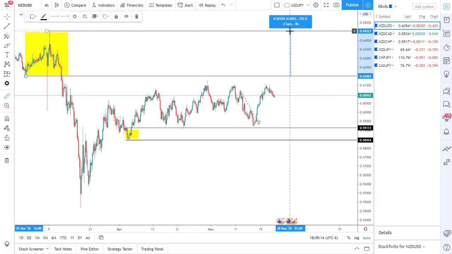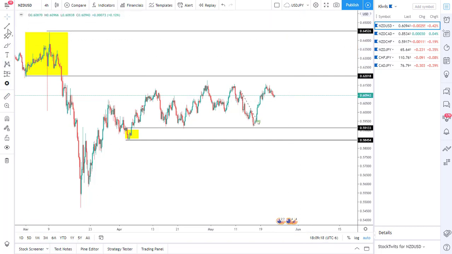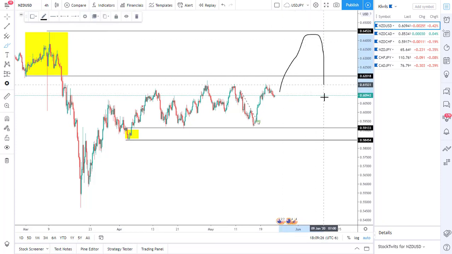When we have wide levels, most of the time price tends to go until the extreme of the zone. So I shouldn't place a sell order here at the proximal line. I will rather wait for a confirmation inside the zone.